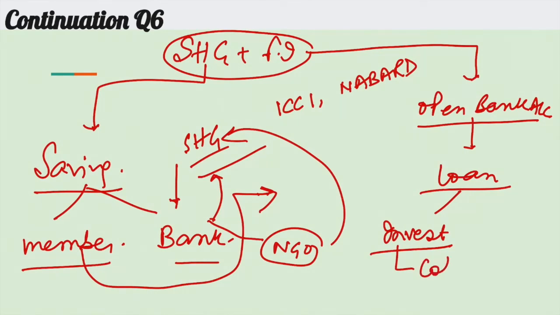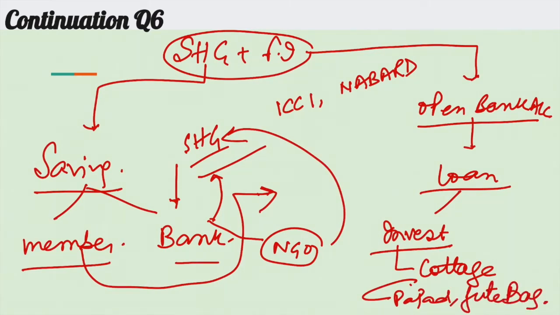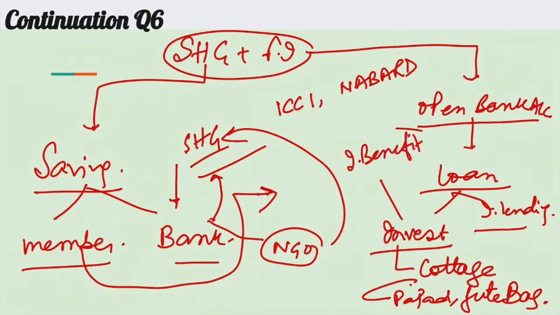What will they do with the loan? They will invest the loan in particular industries, for example cottage industry, papad industry, jute bag making industry, or they can go for internal lending amongst themselves. They can do anything with that money. If they are investing in these industries, obviously they will get certain income benefits out of that.